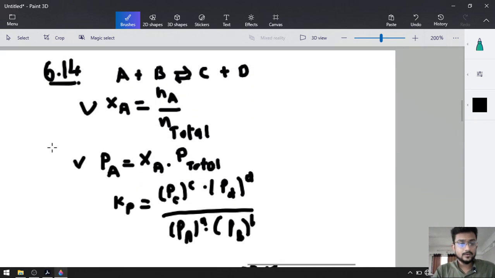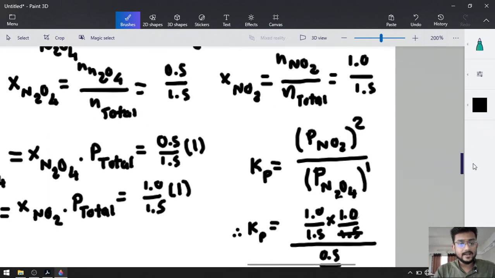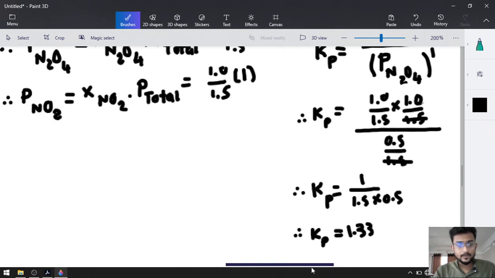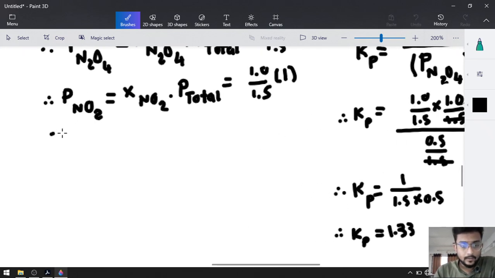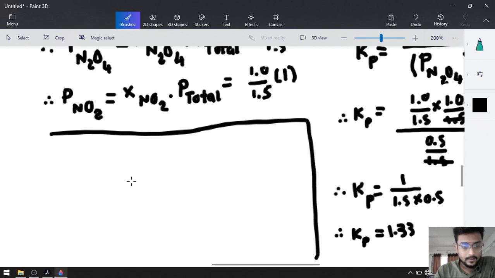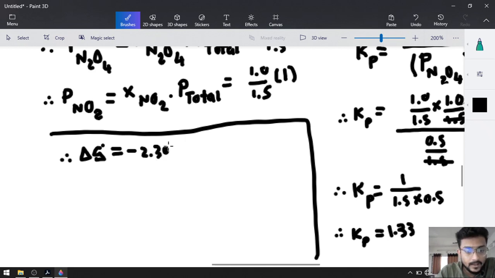Now from Kp we will calculate delta G. So let's calculate delta G over here. Therefore delta G naught will be equal to minus 2.303 RT log Kp.